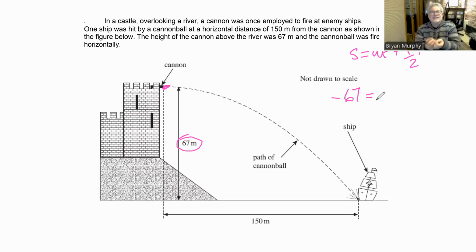What is its initial vertical velocity? 0. It's going along, granted, but its vertical velocity is 0, so that goes. It's not a quadratic, we can relax. There is a half. The acceleration is the acceleration due to gravity.